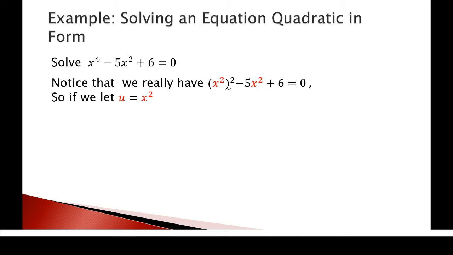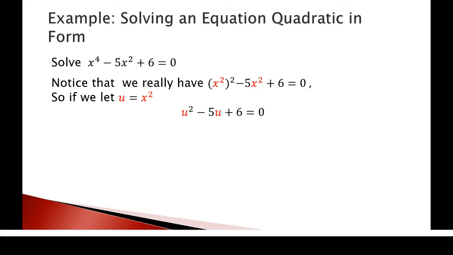Here you can see we can write x to the power 4 as x squared to the power 2. If you substitute u for x squared, then you can get a quadratic equation, right? You will have u squared minus 5 times u plus 6.